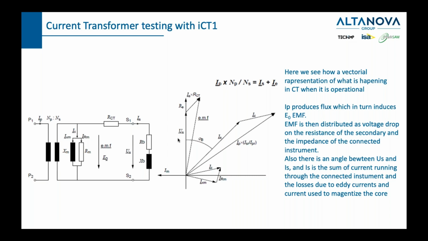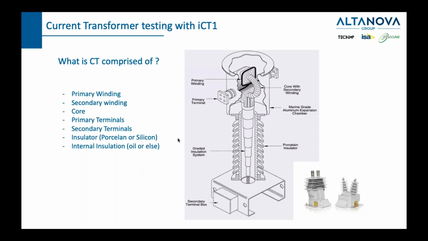And now in the next picture, we will see the inner workings of a CT when we actually take it apart. If we take apart a CT, we will see that that particular CT has a primary terminal which extends onto a primary winding. So we have a winding here.